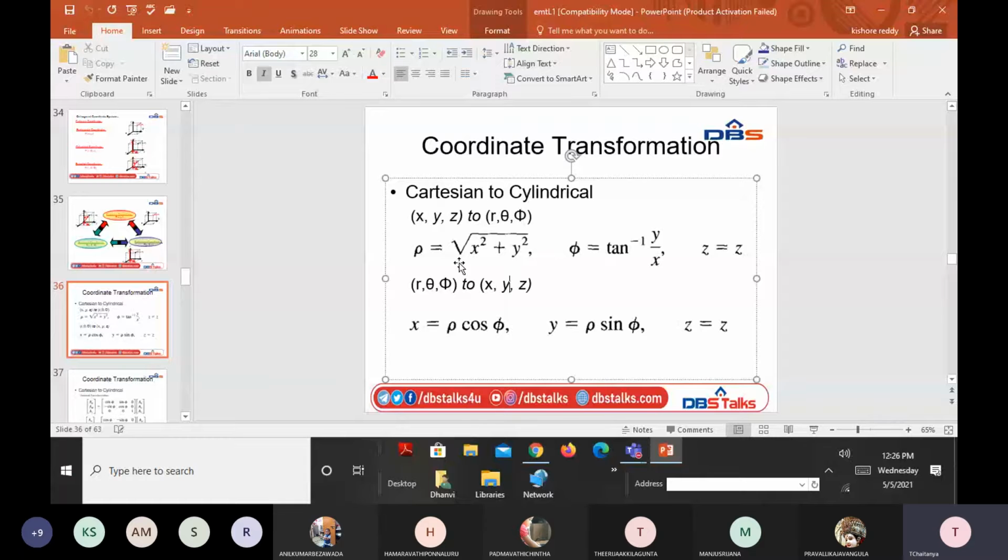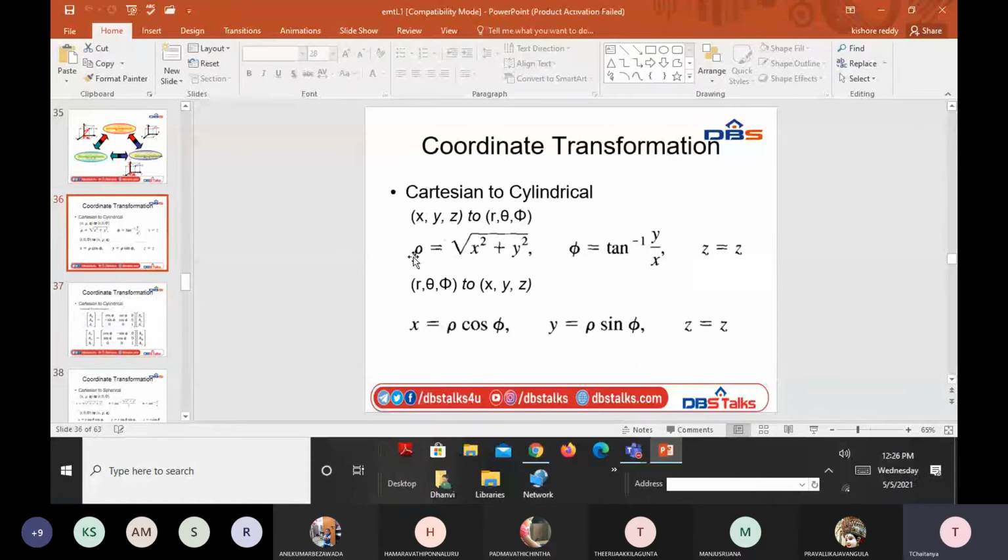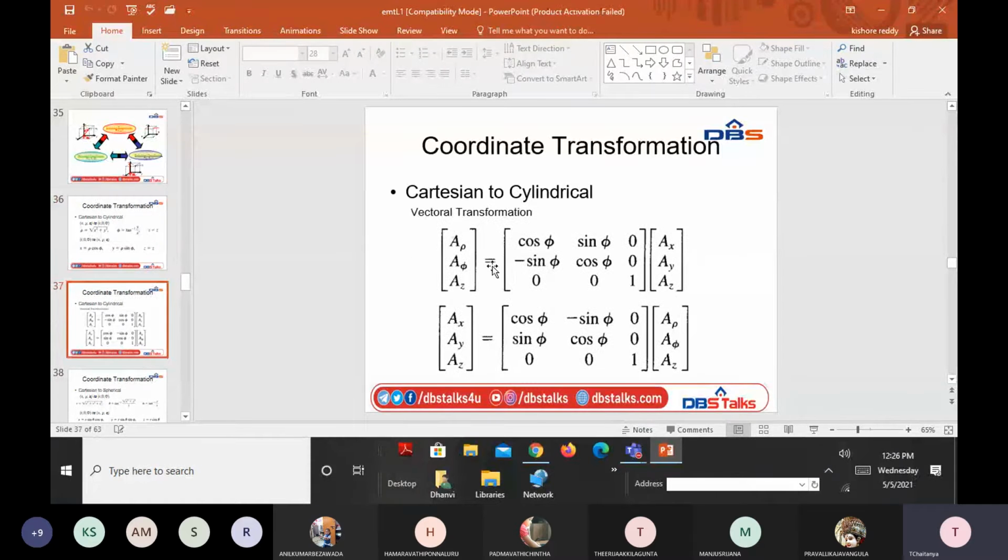And obviously those values can be represented in matrix form. Means we have to consider it this way: A is a vector along with the rho axis. Rho is the radius of the cylinder, phi is the azimuthal angle, z is the z-axis. So you want to know the vector along the radius, the vector along the azimuthal angle, and the vector along the z-axis.